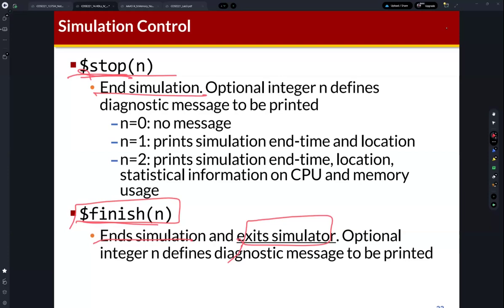But if we use the finish function, then the simulation stops and ends. We cannot resume the simulation at the stop point if we use the finish function. So we can control the simulation using the stop function or finish function.